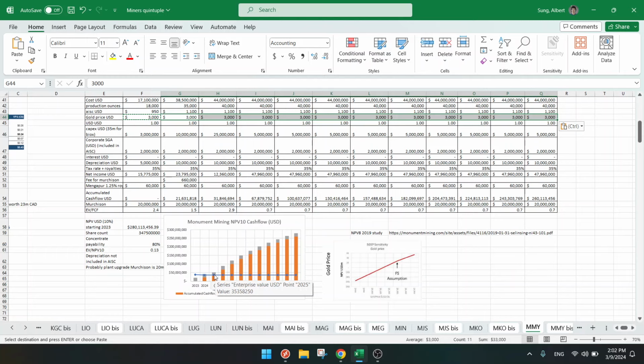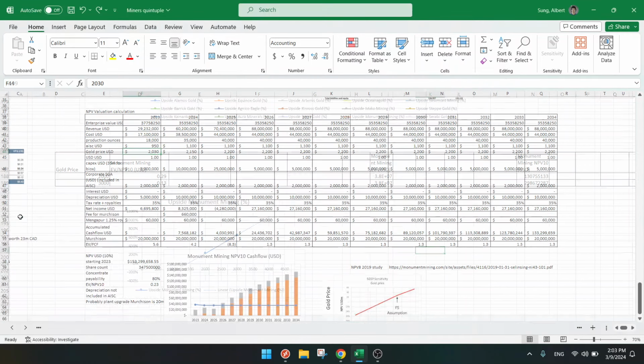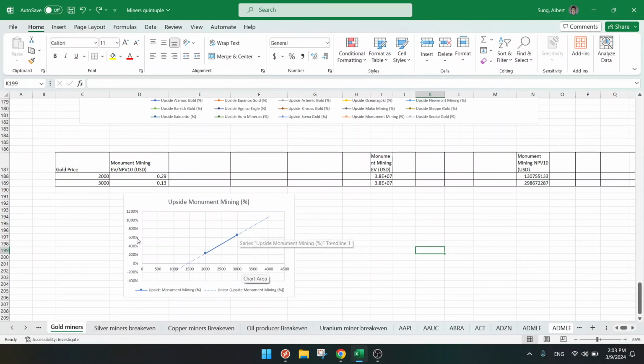Yes, that's 8x. 8 times 35 million is 280 million, and that's here. So that's an 8x at 3000 gold. 8x at 3000 gold is plus 700%. Right? Yes. So this chart works.